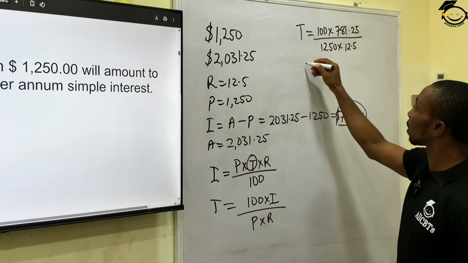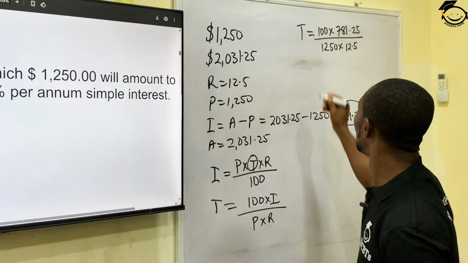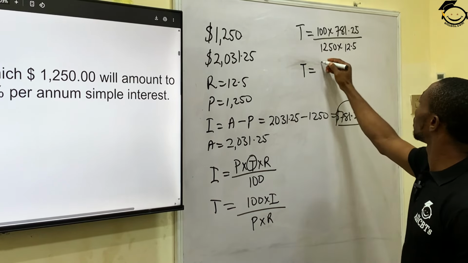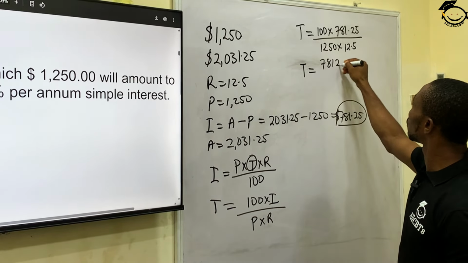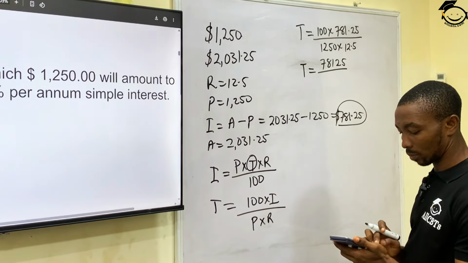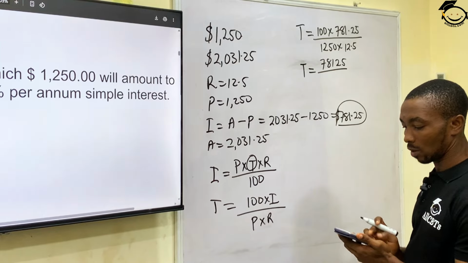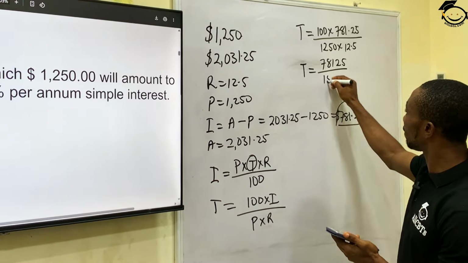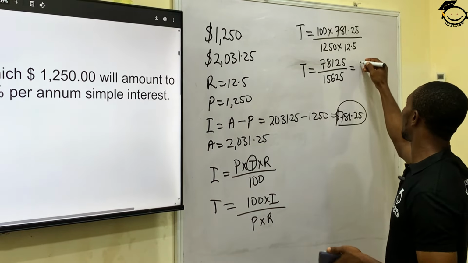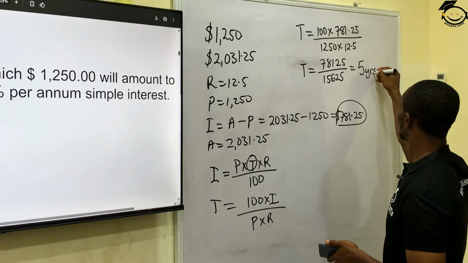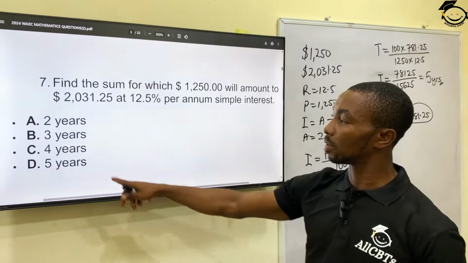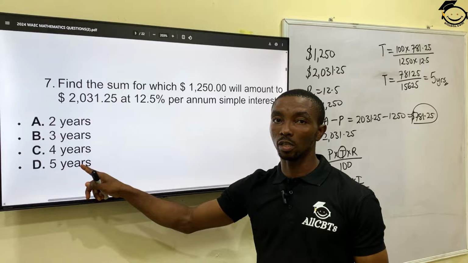If we calculate, t equals to 78125 all over 1250 times 12.5. That will give us 15625. Now, if we divide this, we are having 5 years. So our t will be 5 years, which is option D.